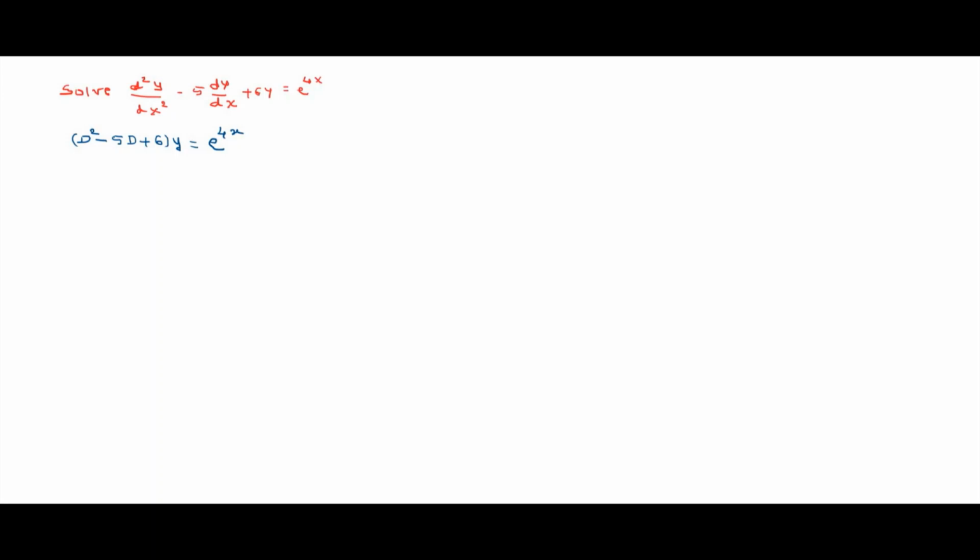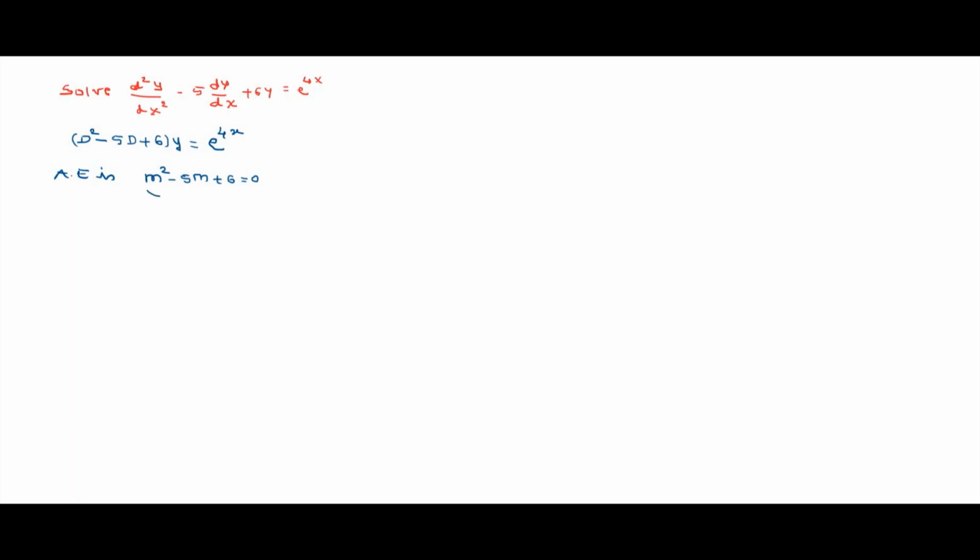Now the auxiliary equation, I will write AE, is m square minus 5m plus 6 is equal to 0.